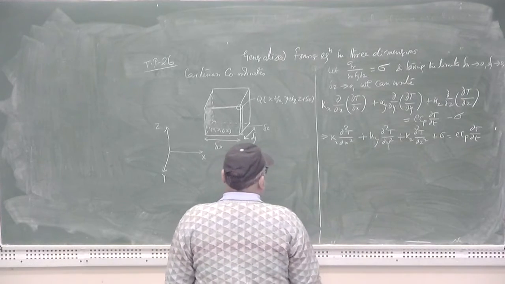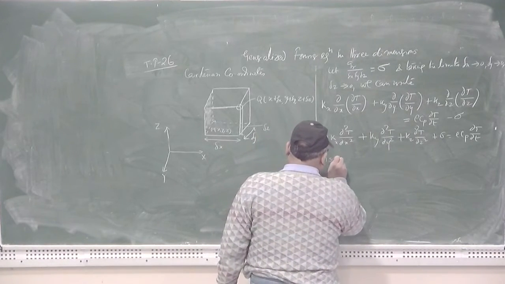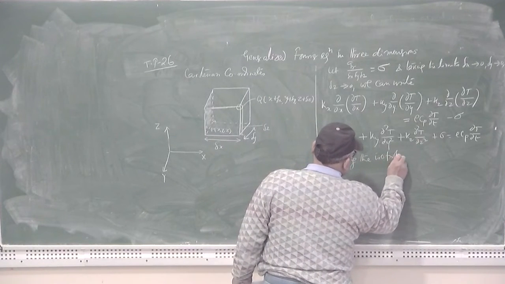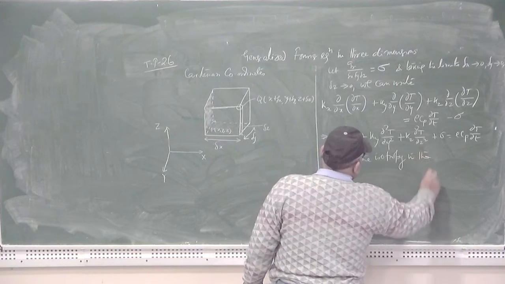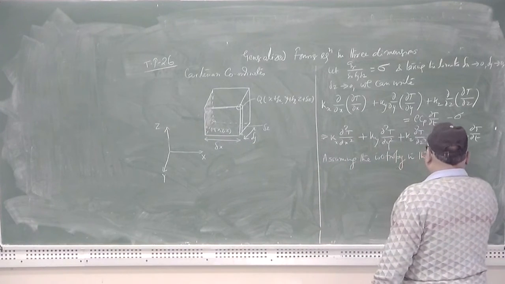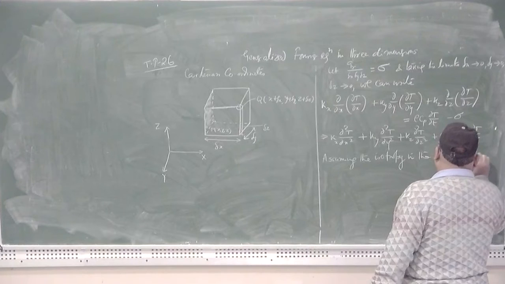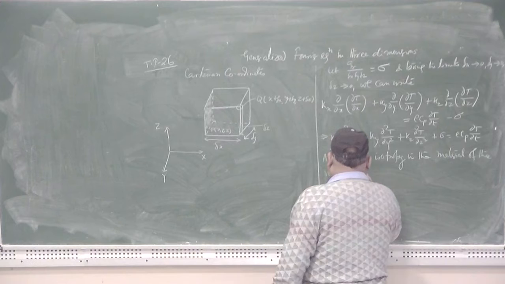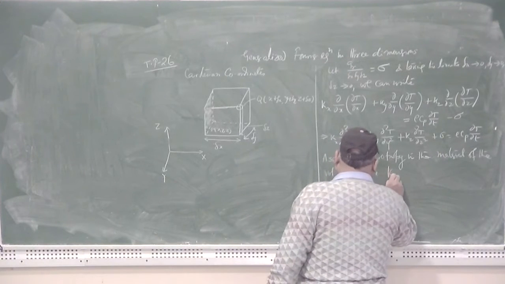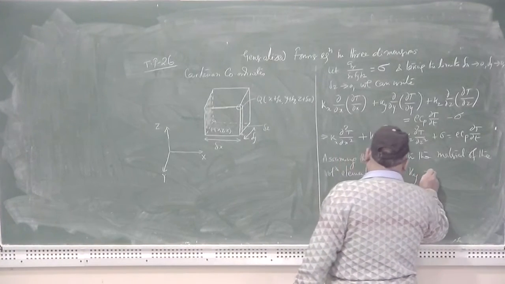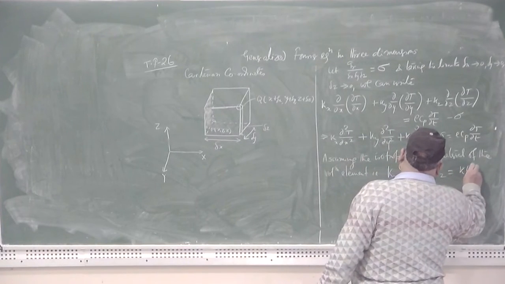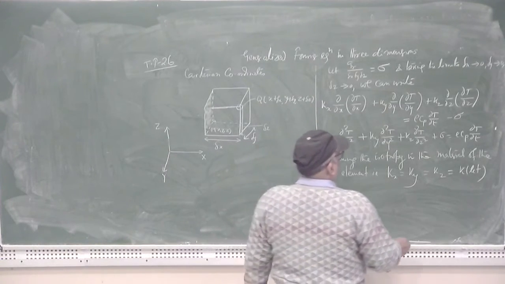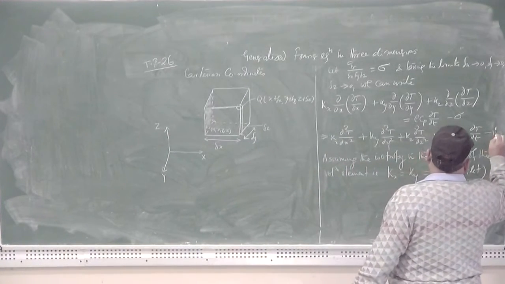Assuming the isotropy of the material of the volume element, that is kx equal to ky equal to kz, all equal to k, let it be equation number 11.